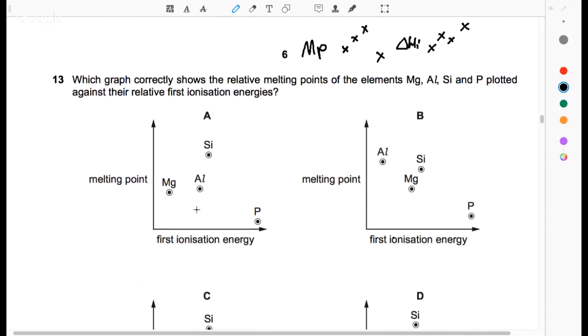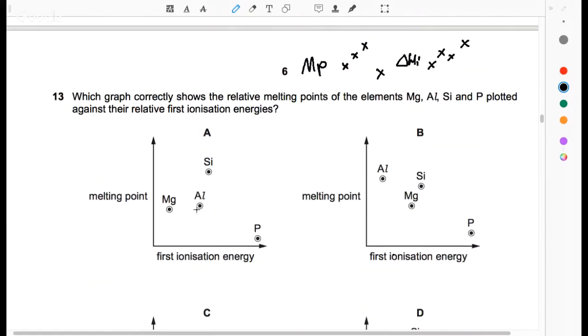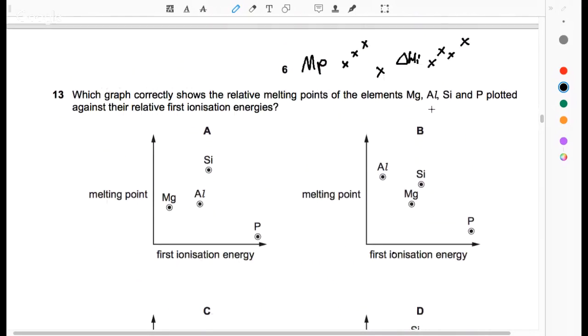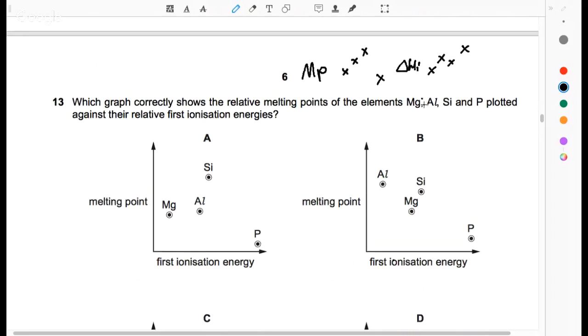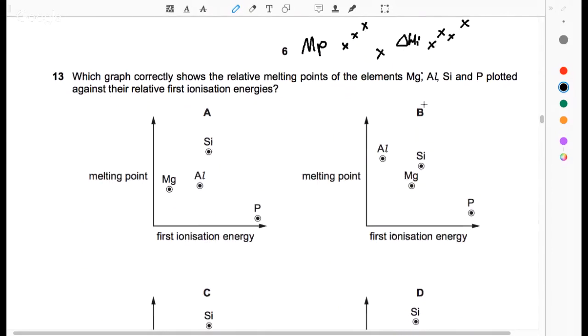Ionization energy, I would first look at the periodic table. I know what happens: ionization energy increases, then decreases, and then increases again.